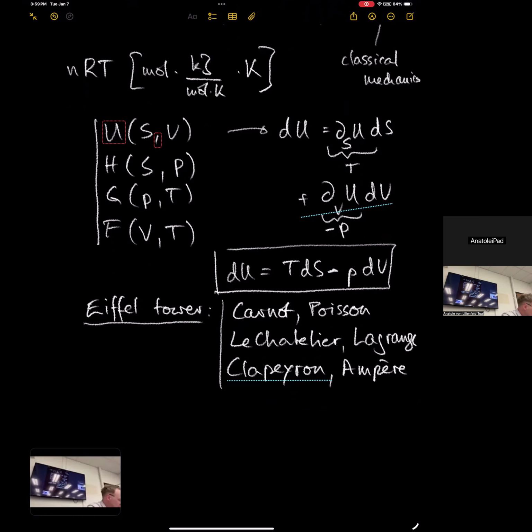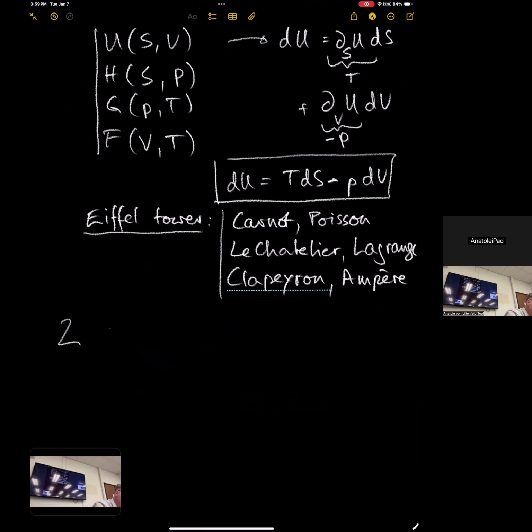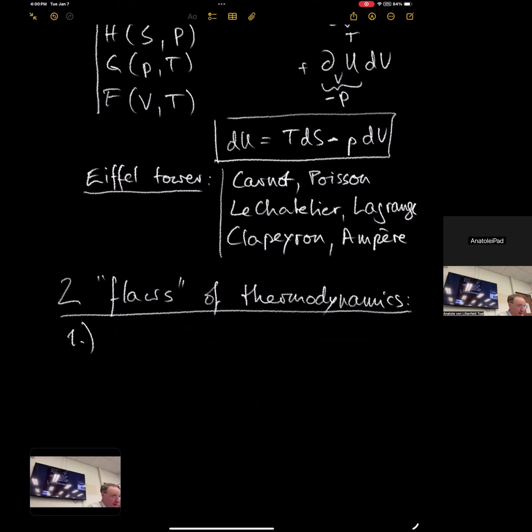Now, to wrap up today's lecture, these are the two flaws of thermodynamics. The first one is the inherent nature of the postulates. It's only conceptual. I put this in quotation marks because it's still incredibly powerful, right?